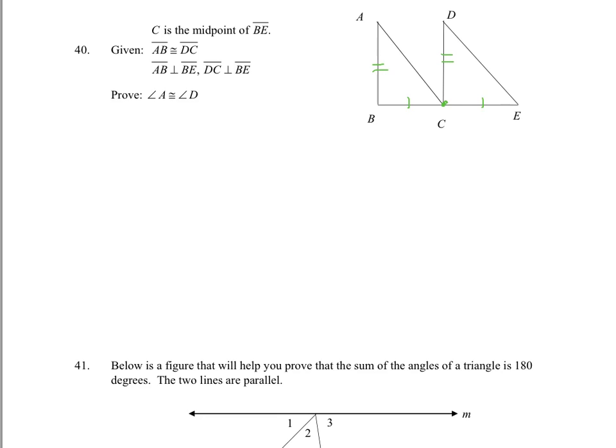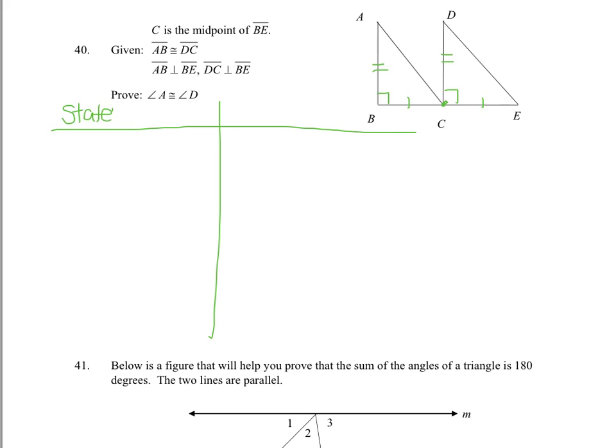And then finally, we're told that AB is perpendicular to BE and DC is perpendicular to BE, which means that these are both going to be right angles. We can then see that these two triangles are going to be congruent by side, angle, side, and therefore we can use CPCTC to prove that angle A is congruent to angle D.